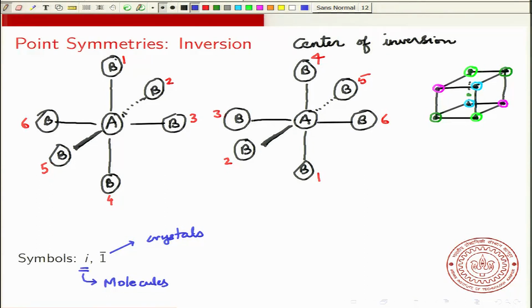Okay. So, there are crystals that have centers of inversion, and there are crystals that do not have centers of inversion, and in each case you will get different properties. We usually look at crystal structures that do possess a center of inversion, but often we look at those that do not have a center of inversion.